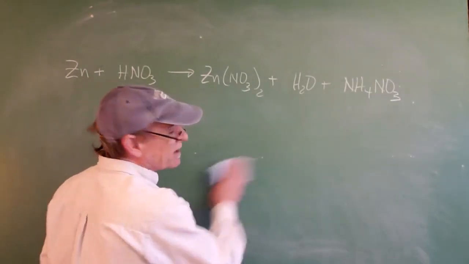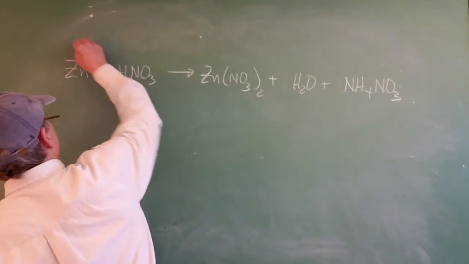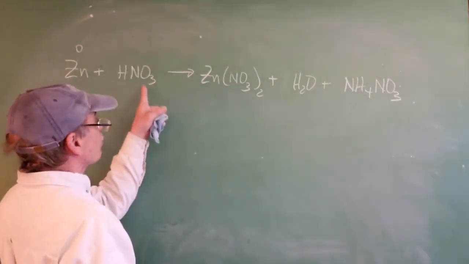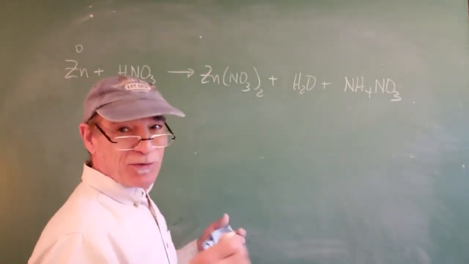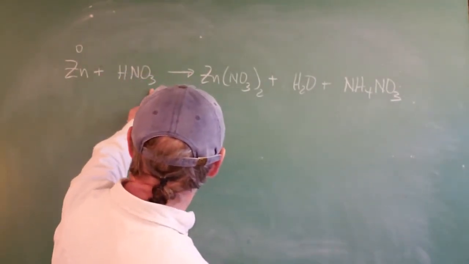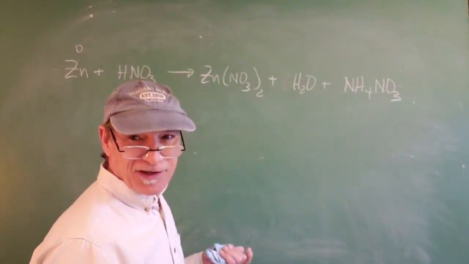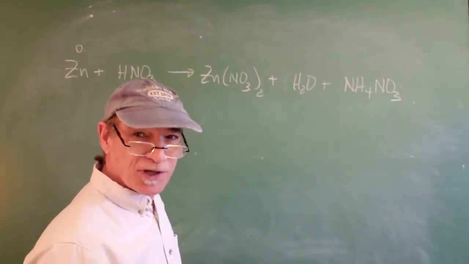All right, well, let's assign oxidation numbers here like we always have. The zinc is in its 0 oxidation state. HNO3, now here's something to look at. When you first look at this equation, you see that there's nitrate groups here. And like I mentioned before, after a while you get to recognize that the nitrogen in a nitrate group is a +5.